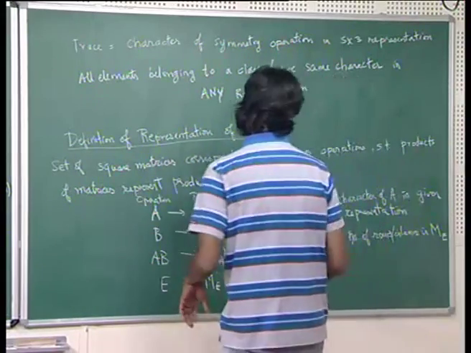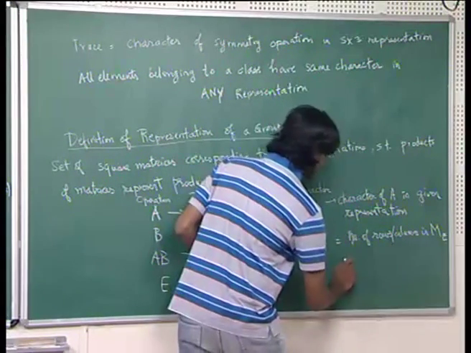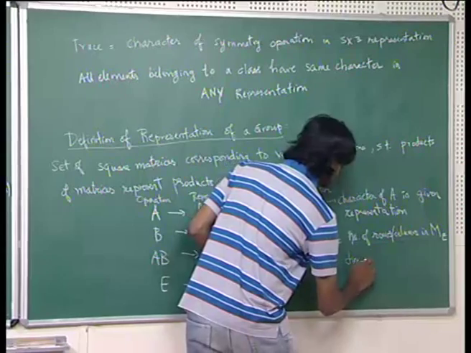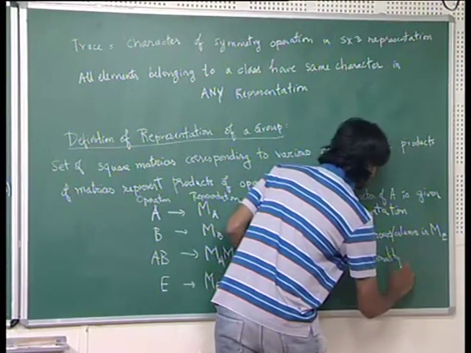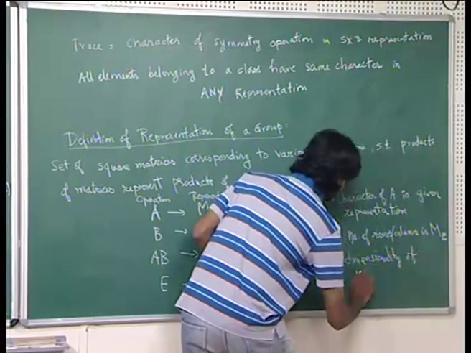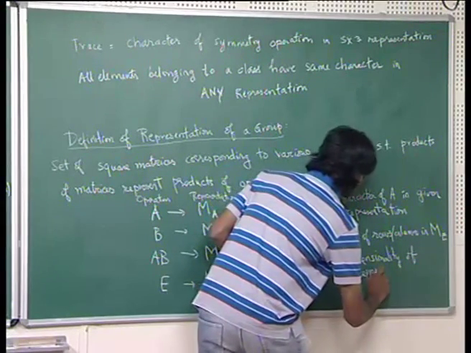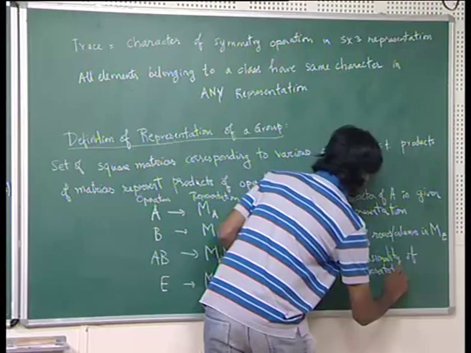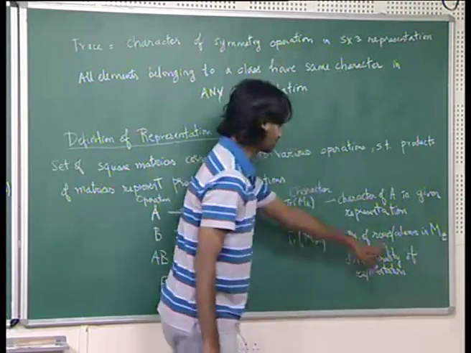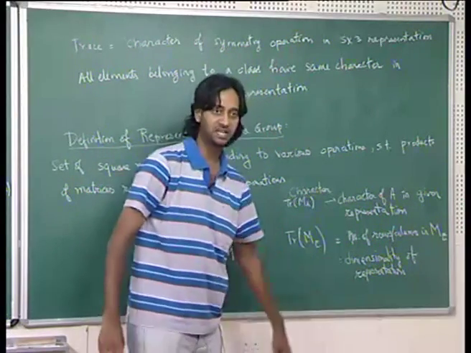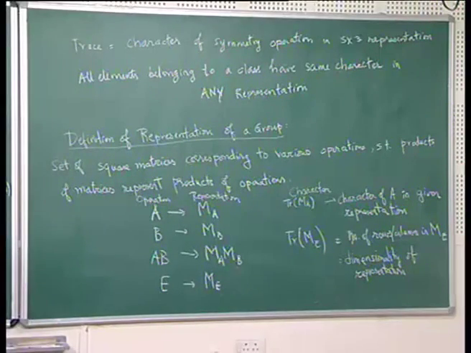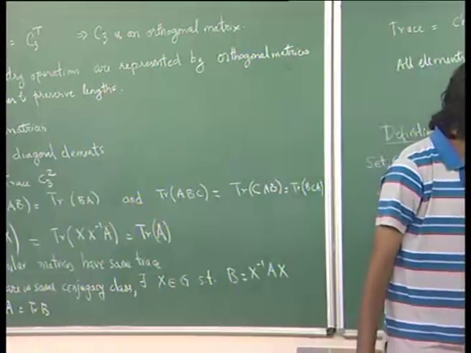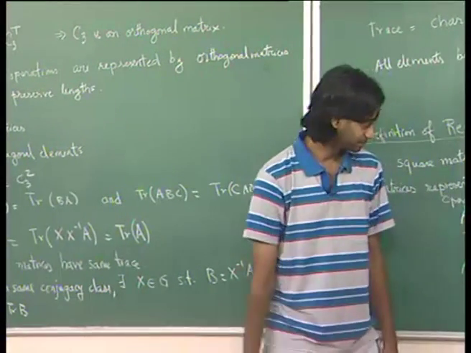Okay. And this is also called the dimensionality of the representation. So, the number of rows or columns of M E is called the dimensionality of that representation. Our 3 by 3 matrix was an example of a 3 dimensional representation, where the trace of identity was 3.